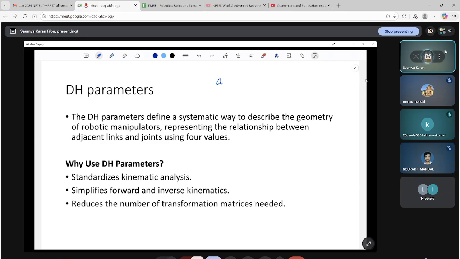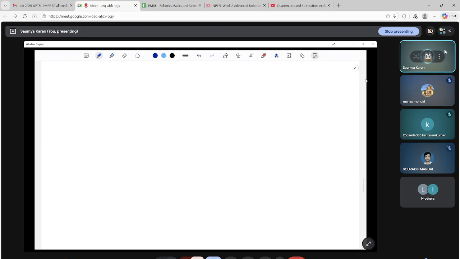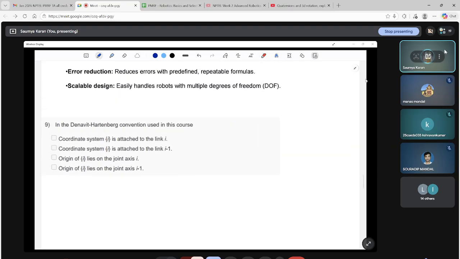I'll write these steps in detail, but I'm not writing now because I want to show you. I have a suggestion for you. I think I need to switch my screen.